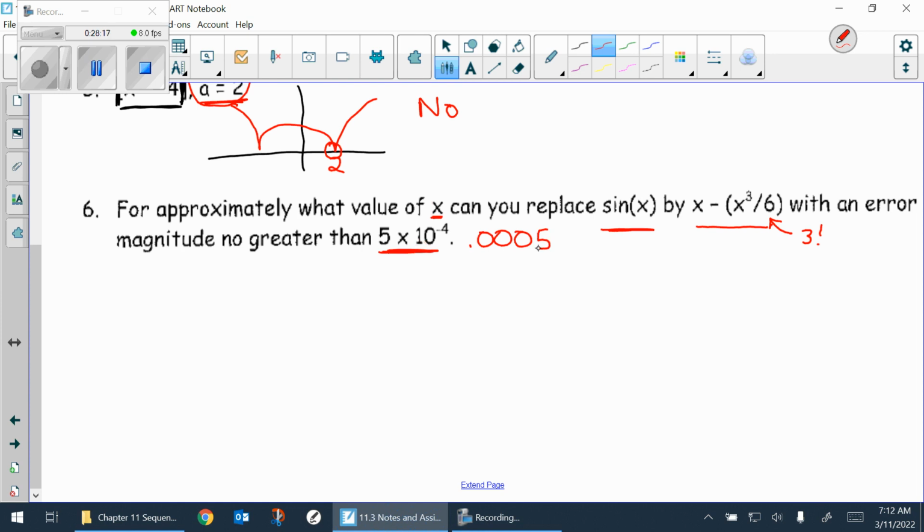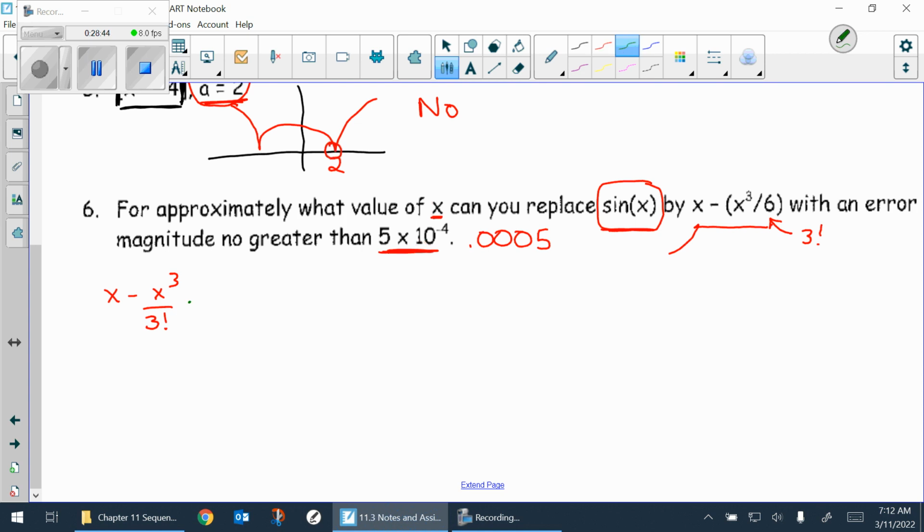All right. Well, sine is an alternating series. And therefore, the error is the first unused term. I use this term on, and I think of what sine is. Those are the ones that I've used.